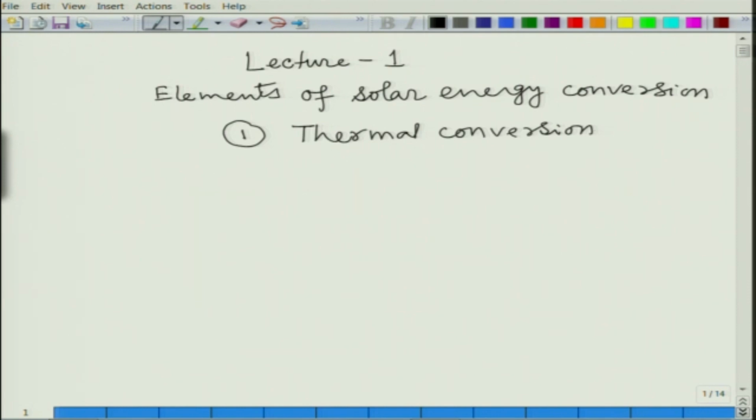Of course, we will cover the photovoltaic conversion, because otherwise the course will be incomplete, right.